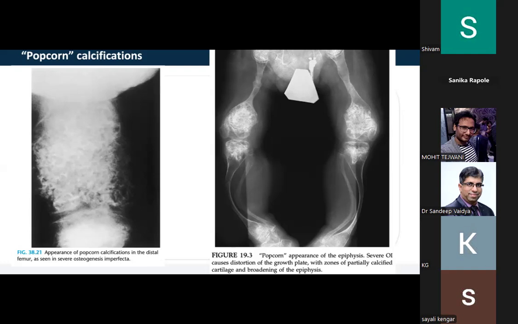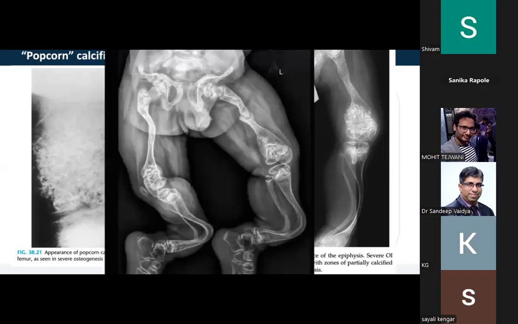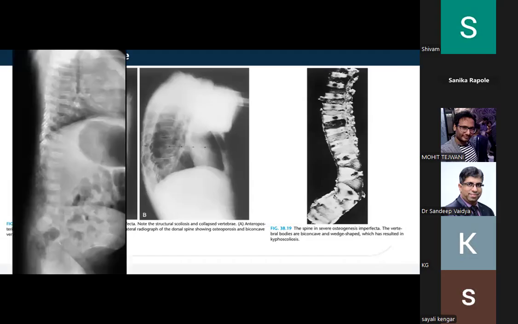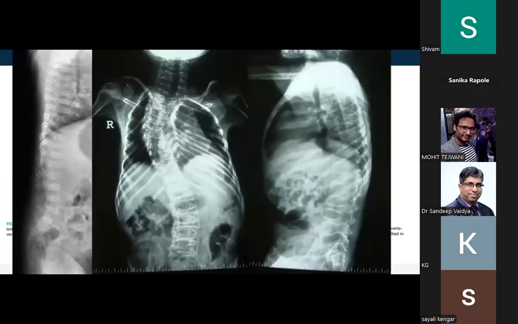and they are often associated with more severe forms of OI, and cause more growth disturbance, more deformities and more morbidity. But this is not one of the primary drivers of morbidity. One of the major drivers of long-term morbidity in these patients is the spine issues. The spine can show marked osteoporosis, vertebral bodies become compressed and biconcave with bulging discs, and scoliosis and kyphosis develop.